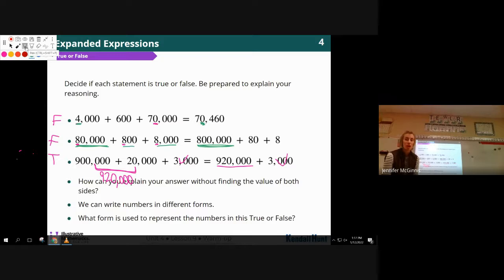Charles? 7,000 plus 600 plus 70,000. Right, but that's not true. That's false. What form is used to represent the numbers in this true or false? What is it called? Garrett? Sum? No?